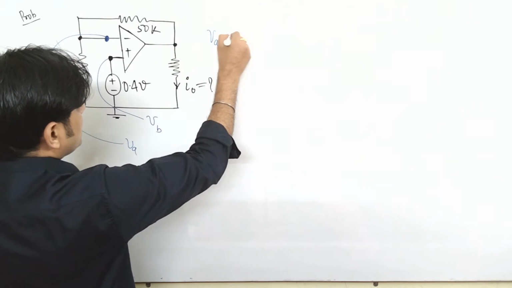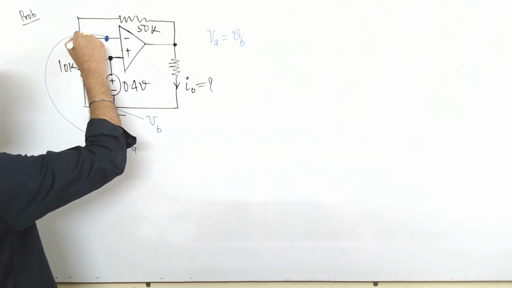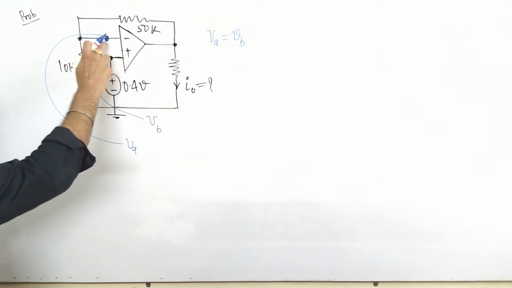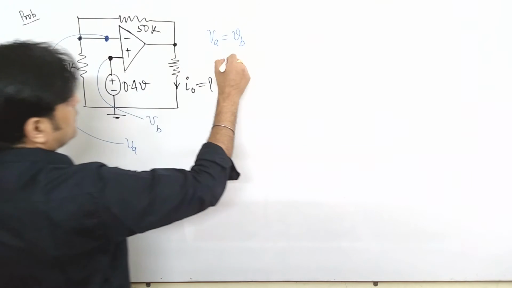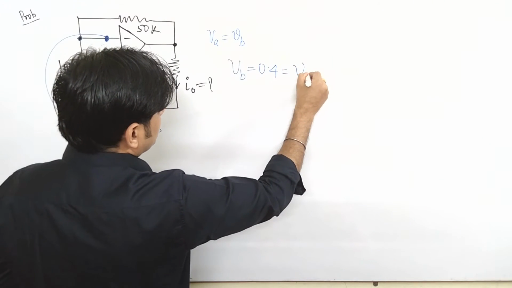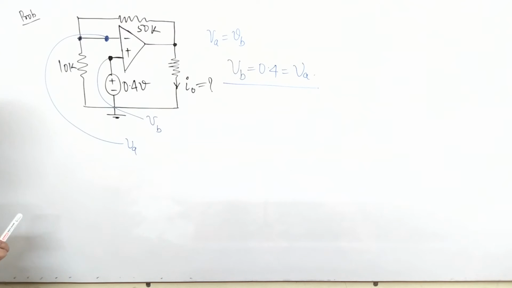Since this is a node of common potential, the value of VB here is 0.4, so that is equal to VA. So we know the value of nodes VA and VB with the help of the concept of virtual ground.